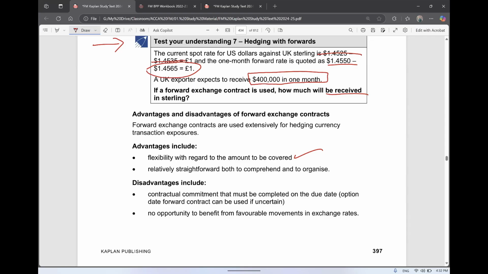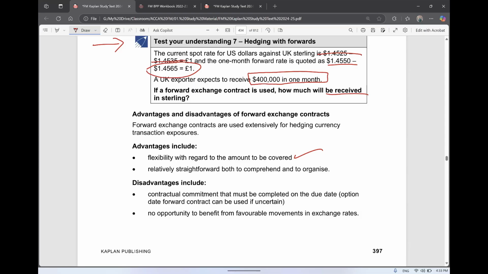Let's say you can make one contract of $80,000 or two of $160,000, so you have to make only standardized contracts. Currency futures are not available in every currency, only for major currencies. Here, because it's a one-to-one private contract between you and the bank, you can decide any date, any currency, any amount.